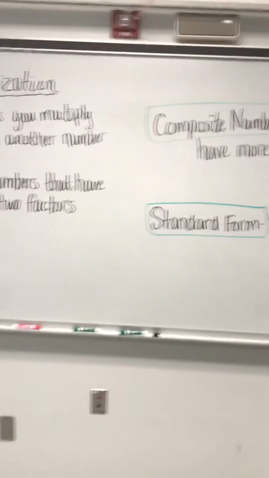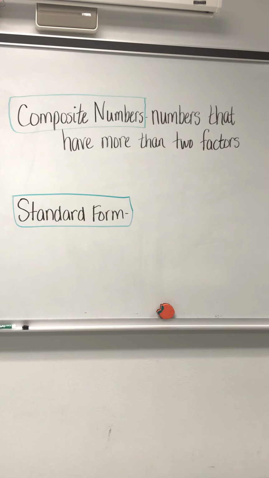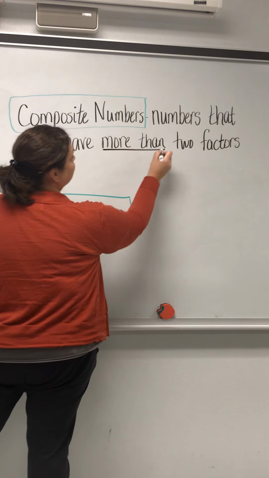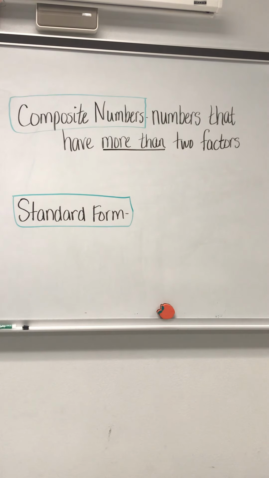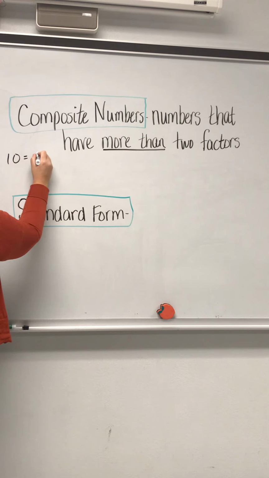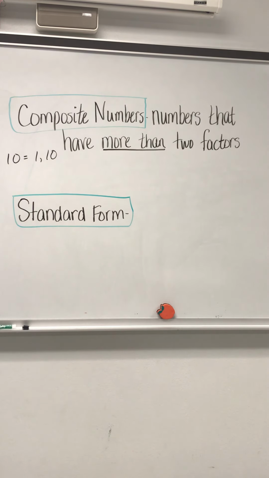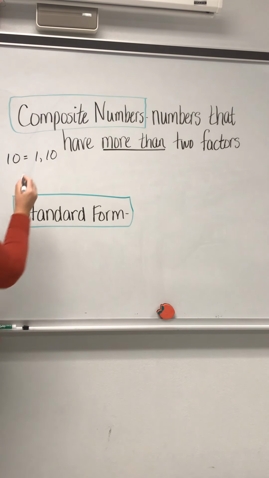And if we look over here, we have composite numbers. Composite numbers have more than 2 factors. So here we have 19, and here we're going to have 10. We know that 1 and 10 are factors because 1 times 10 is 10, but we also know that 2 times 5 go into it.